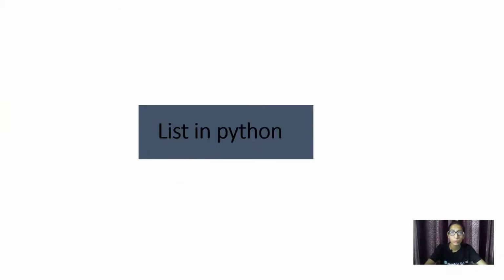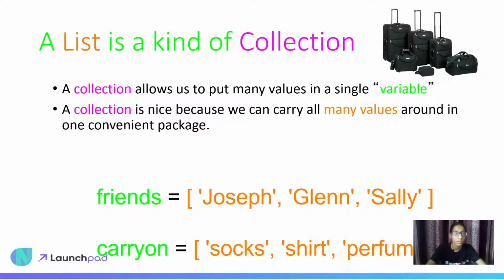So let's know what a list is in Python. Python offers a range of compound data types, often referred to as sequences, that is a collection which allows us to put many values in a single variable.